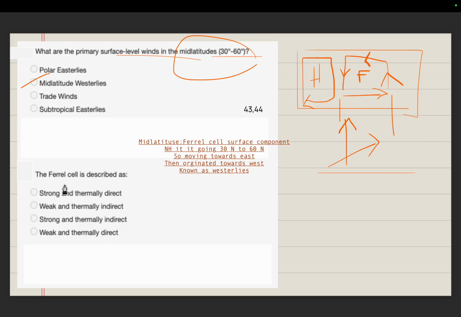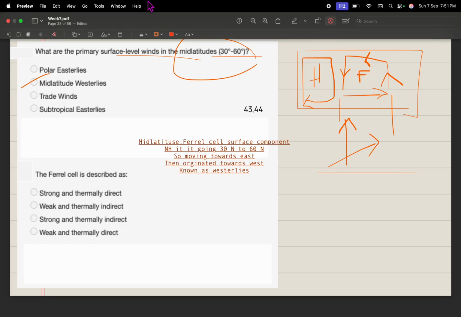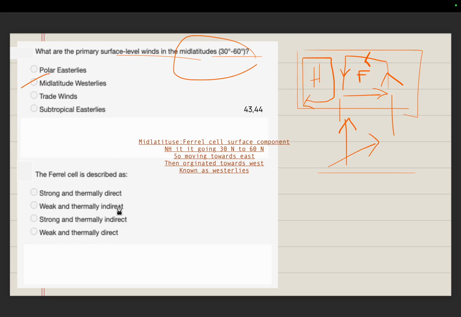Then question 44. The Ferrel cell is described as strong and thermally direct, weak and thermally indirect, strong and thermally indirect, or weak and thermally direct. We saw the Ferrel cell.